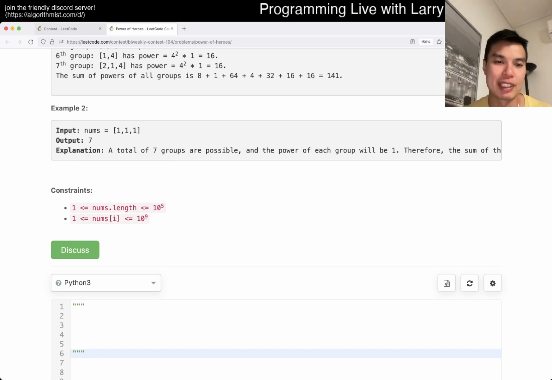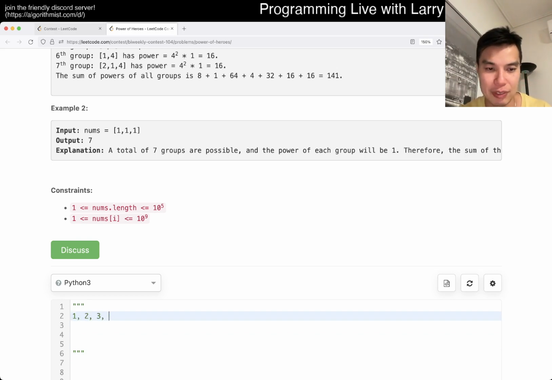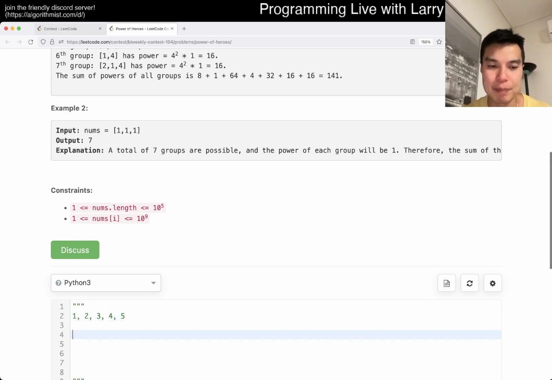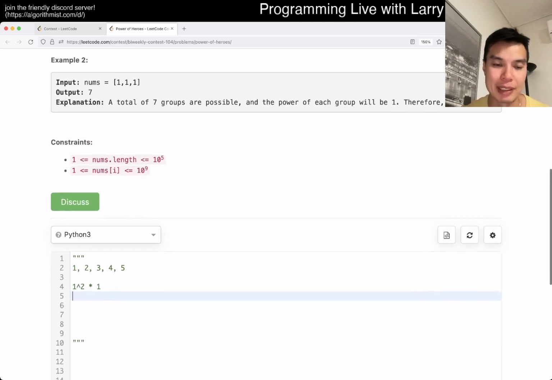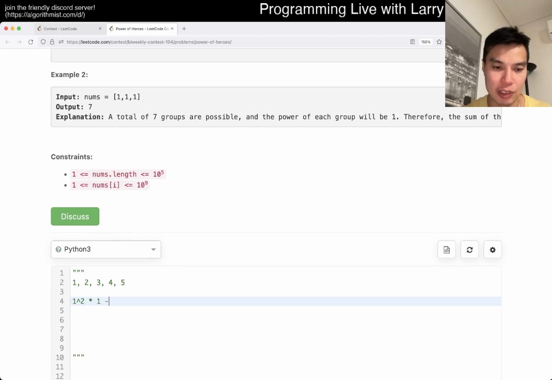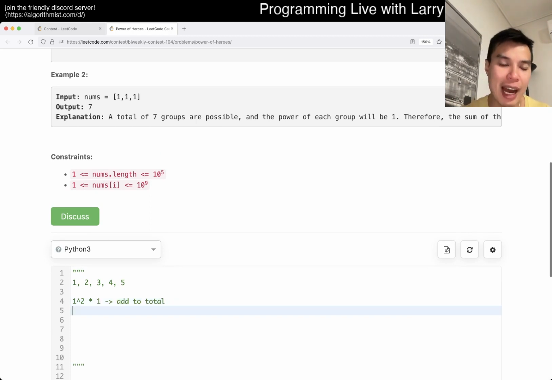But for example, let's just say we have the numbers 1, 2, 3, 4, 5, right? Let's write it this way to be clear. 1 is going to be 1 squared times 1, because 1 is the min, and then you add this to the total. Now, what's the 2?